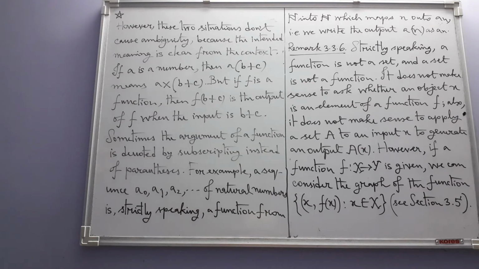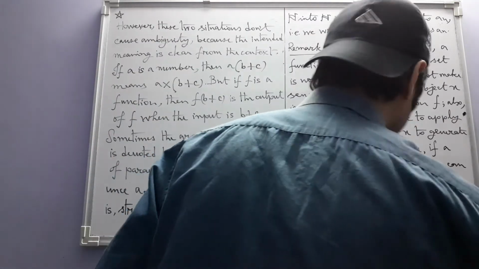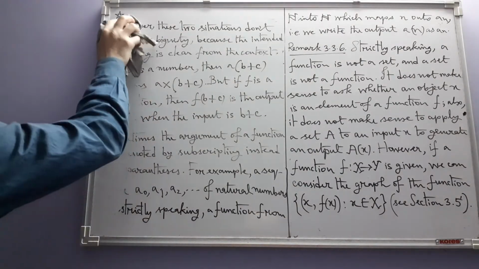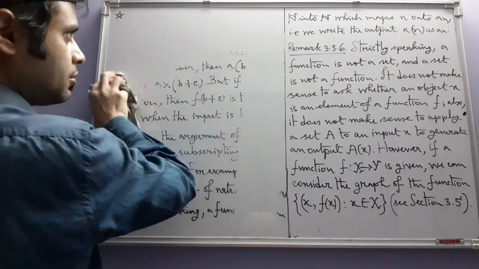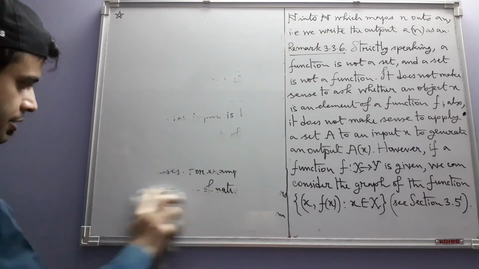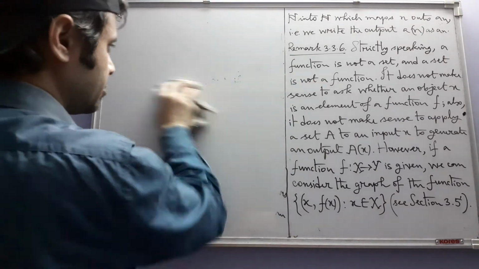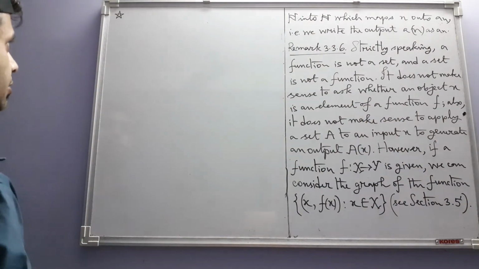Okay. Now next, there is the definition of equality of two functions. When we say two functions are equal, that thing. Just like equality of sets, there is equality of functions. And the definition is natural enough.